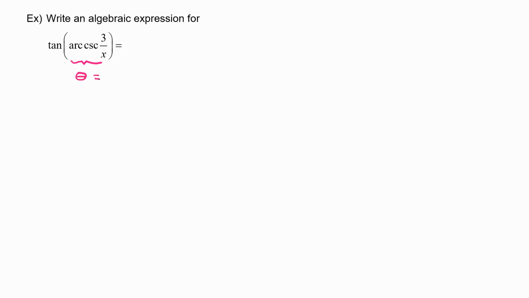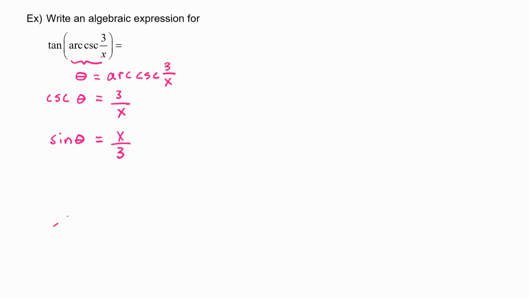And if we say that angle is equal to the arc cosecant of 3 over x, I can take the cosecant of both sides and have cosecant theta equals 3 over x. And if I'm more comfortable thinking in terms of sine, I can take the reciprocal of the left-hand side, turn it into sine theta, take the reciprocal of the right-hand side, and turn it into x over 3.